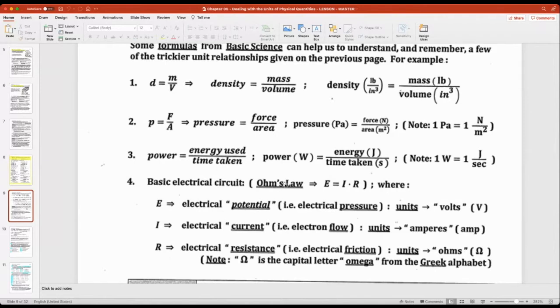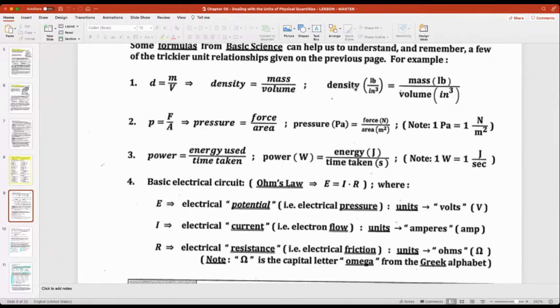Maybe the one we'll talk about here is density. Most people in the Ontario curriculum would have seen density in middle school somewhere, and then maybe not again until, if you're taking chemistry in high school, you would see it again in grade 11 or grade 12. But anyway, density is a quantity where you can look at the units and identify the formula.